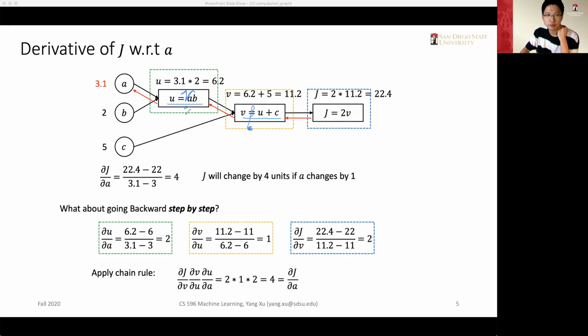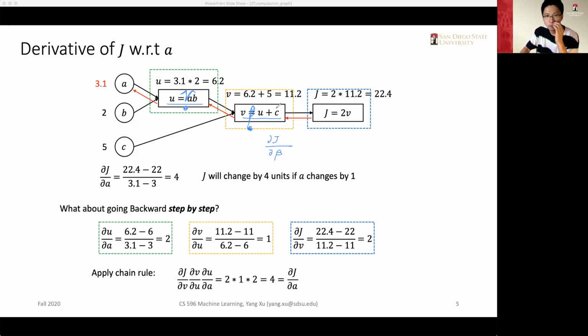If it's a learning process, we want to learn the gamma and beta, so we want the derivatives of J with respect to gamma and beta.